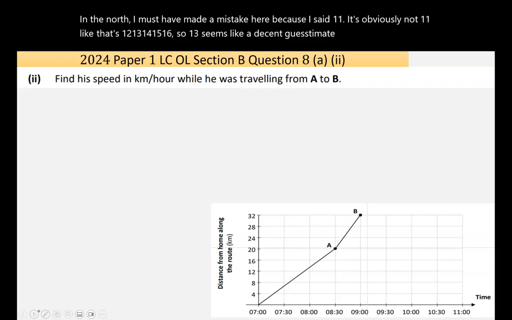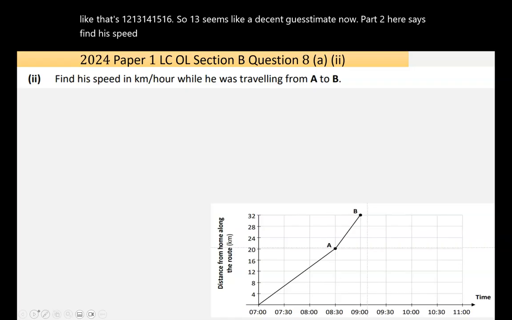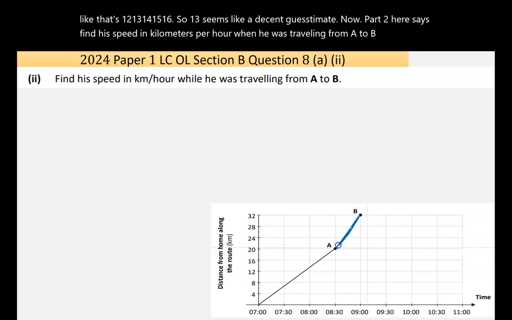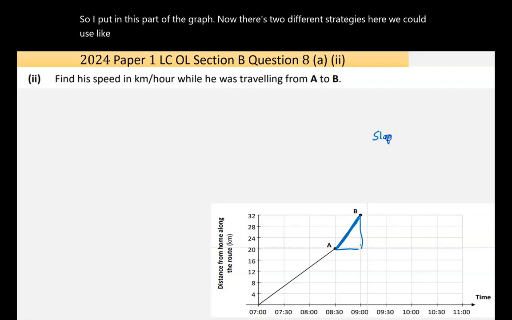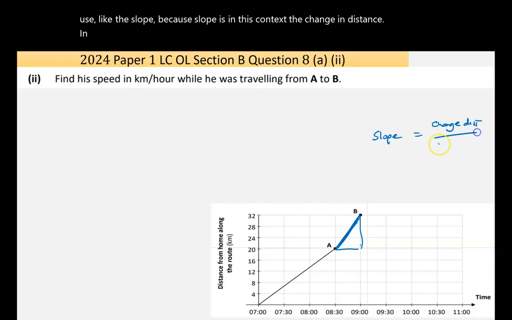Now part 2 here says find his speed in kilometers per hour when he was traveling from A to B. So I put in this part of the graph. Now there's two different strategies here. We could use the slope, because slope in this context is the change in distance divided by change in time.